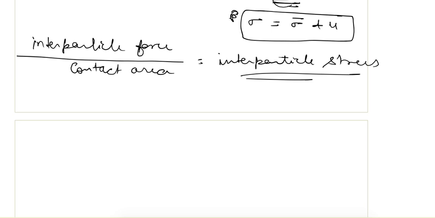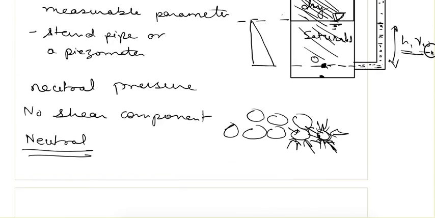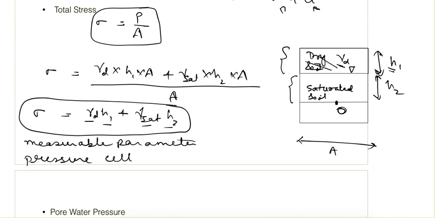And the effective stress, if we want to calculate it, is the difference of total stress minus pore water pressure. So let's take the example I had given initially. At this same point, if I want to find the effective stress, it can be given as: total stress is this much, so gamma D into H1 plus gamma saturated into H2, and minus the pore water pressure.